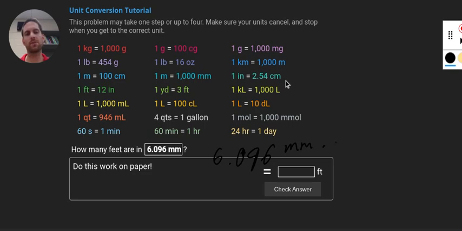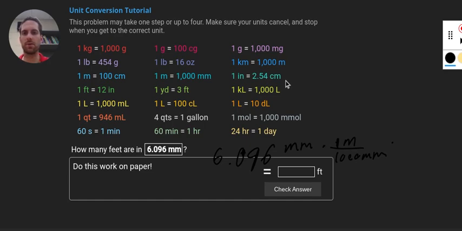We'll find it in meters first. So millimeter is 1,000. So 1 meter is 1,000 millimeters. And then I want to make that in centimeters because I have this conversion. It's really going to help me.